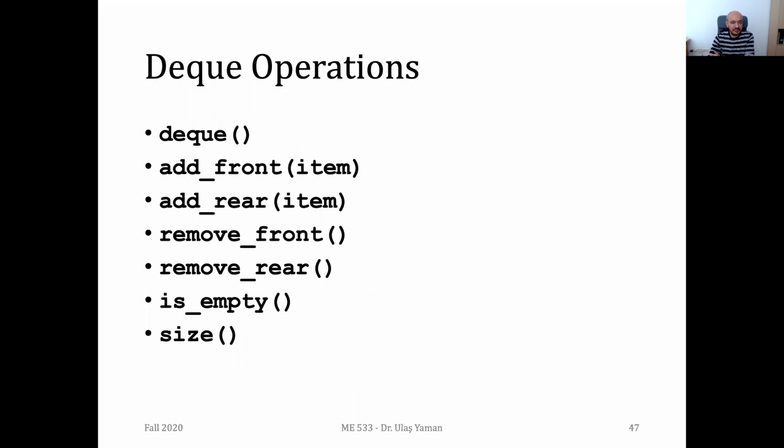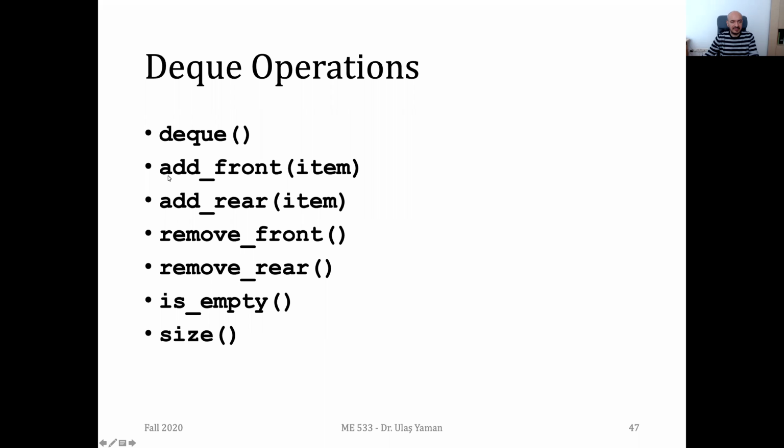Again, we have similar operations this time. We have 2 add operations and 2 removing operations, but the rest is the same. We create this data structure by a deque operation. We check the deque whether it's empty or not and calculate the size of it by using probably a length kind of function in Python implementation.